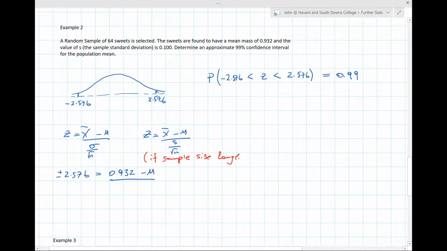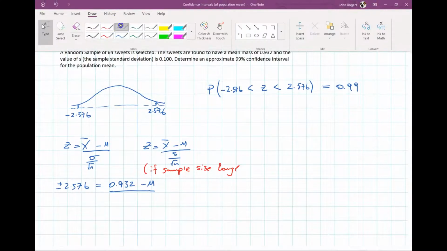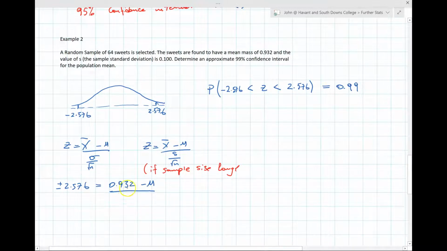So that's divided by the standard deviation. We're given the sample standard deviation, which is 0.100, which gives us an estimate of our actual standard deviation for the population, over the square root of 64.